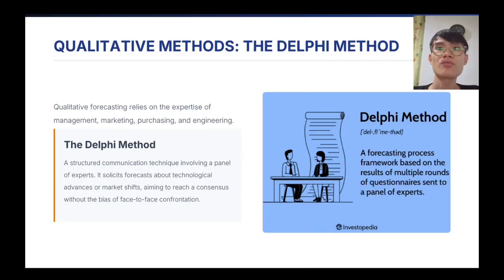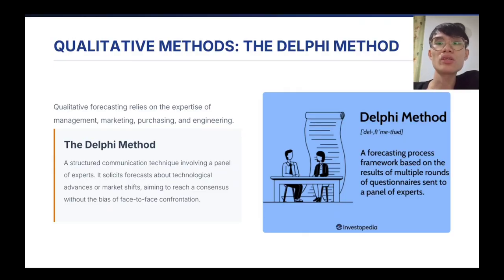This iterative process continues until a convergence of opinion, or consensus, is achieved. The anonymity of participants ensures that the method minimizes the influence of dominant individuals and encourages truthful, diverse contribution.